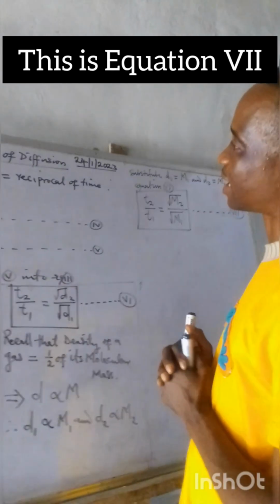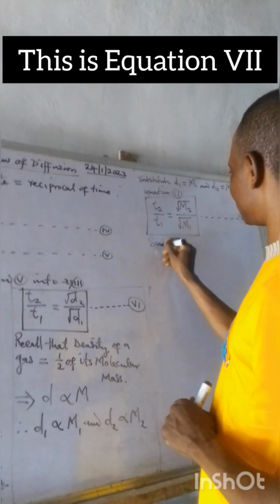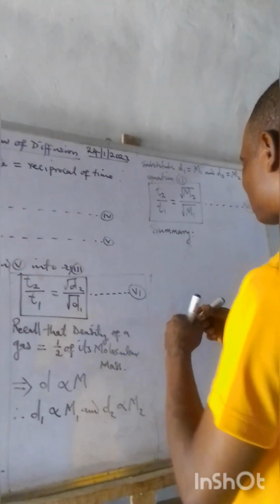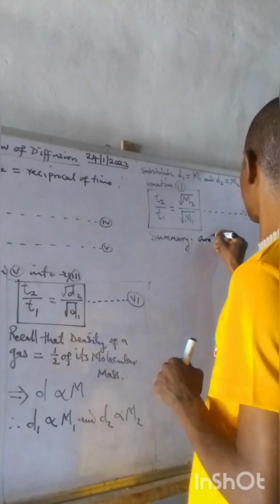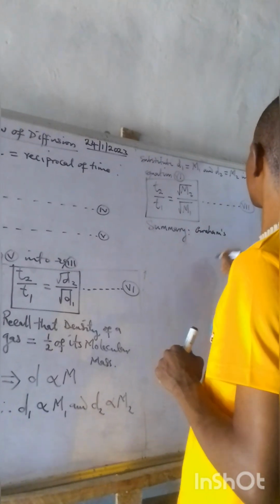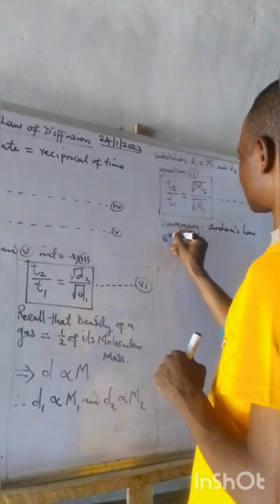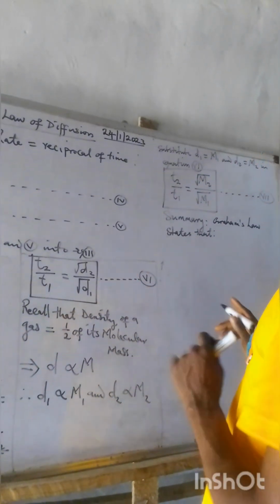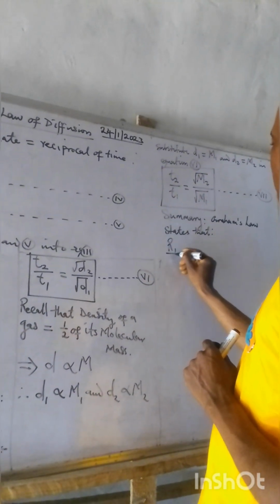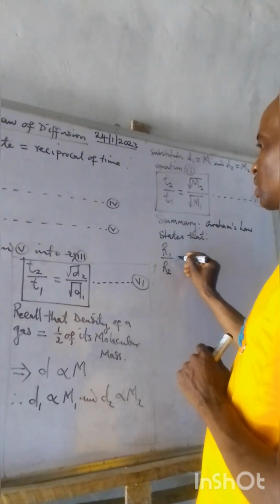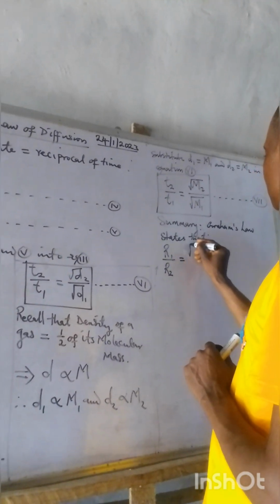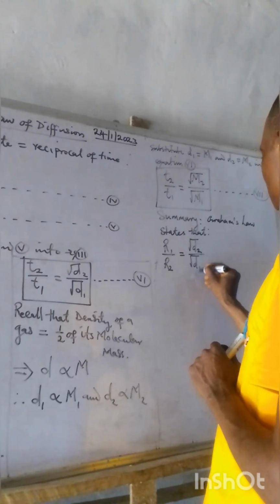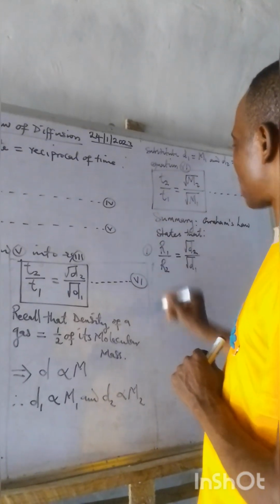So what have we arrived at? Summary. Look at what Graham's law says. R1 over R2 equals square root of D2 over square root of D1. That is number 1.